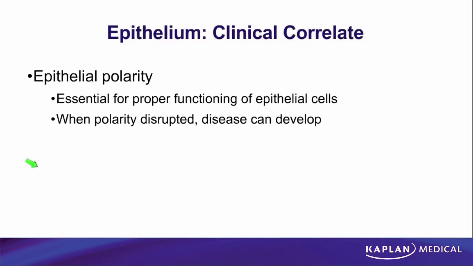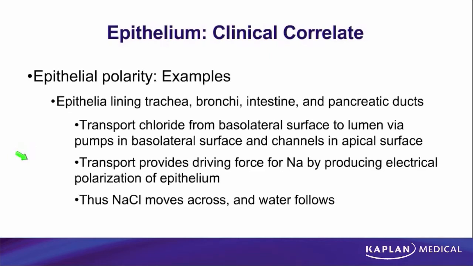And this polarity that we talked about is, of course, essential in order to maintain the normal, proper functioning of the cell. If you disrupt the polarity, you're going to disrupt epithelial cell function, which can lead to disease. So for example, we have some epithelial cells in various locations where the function of the epithelial cell is to transport chloride ions from the basolateral surface to the luminal surface of the cell.